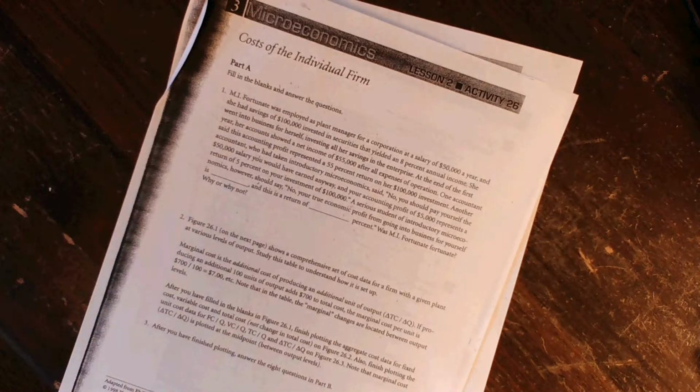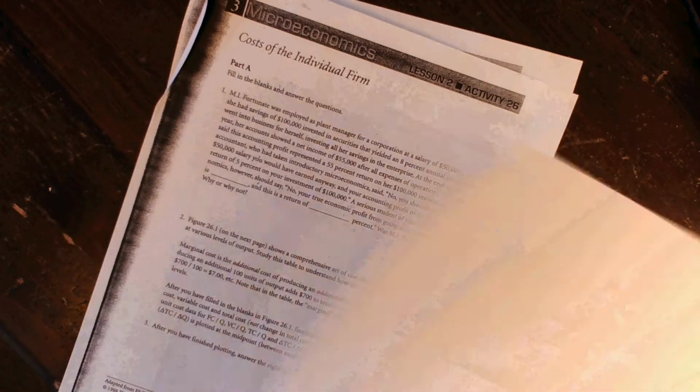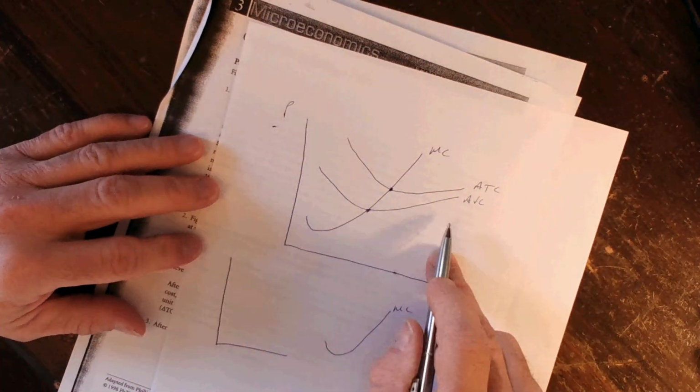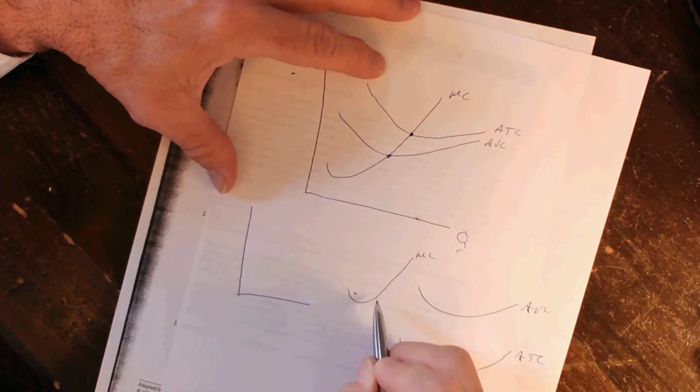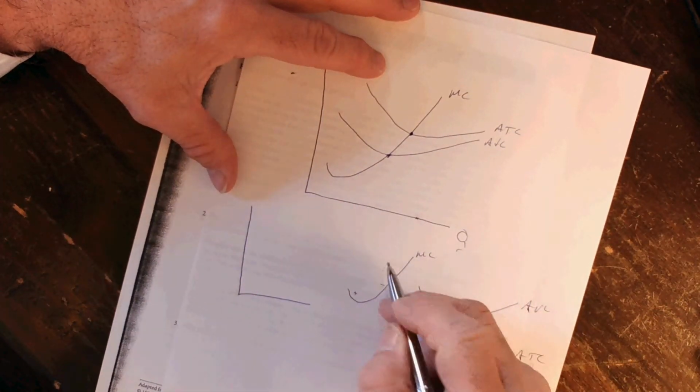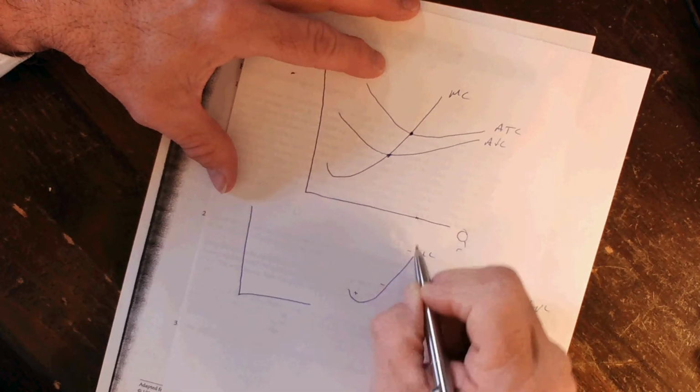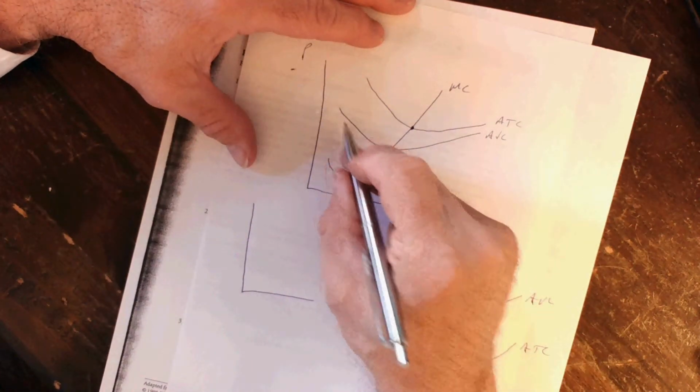Okay, we have some comments on long-run costs next. So these were all short-run costs, and all of these cost curves have the shape they do because of the principle of diminishing marginal returns: increasing returns, diminishing returns, and then eventually negative returns.